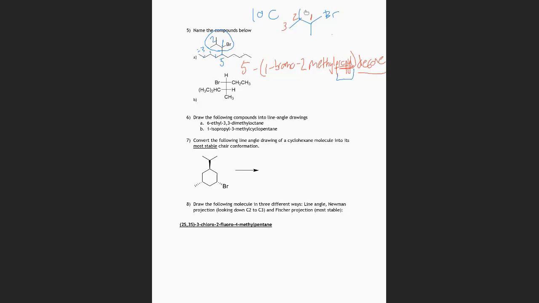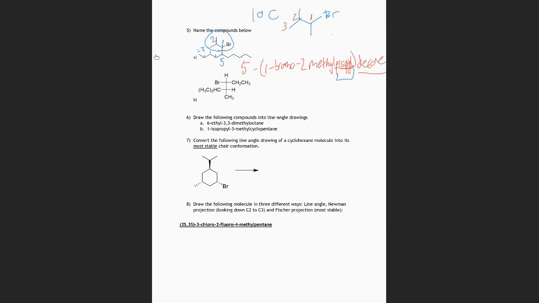Oh, I see what you're trying to say. No, because we still want to keep our original rules of drawing out the longest carbon chain. So we still have our longest carbon chain as 3. So it's 1, 2, 3. So we don't want to say 2 dimethyl because we can make a 3 carbon chain. Thank you.